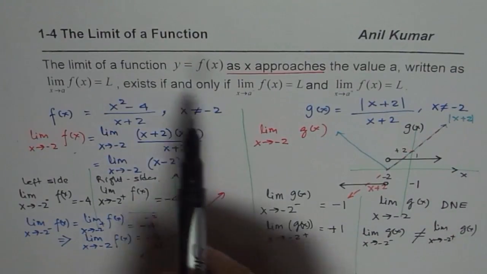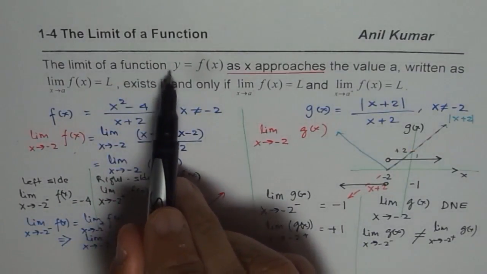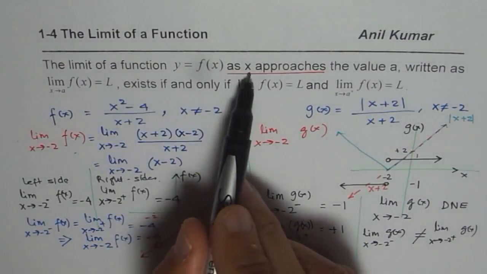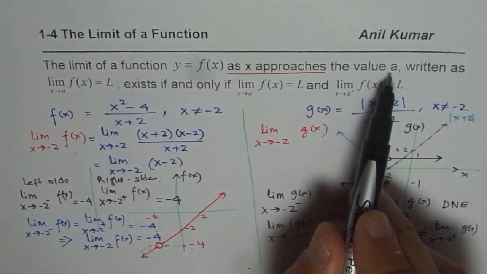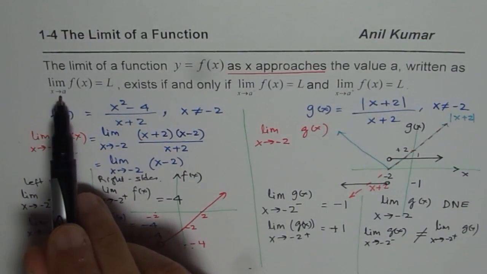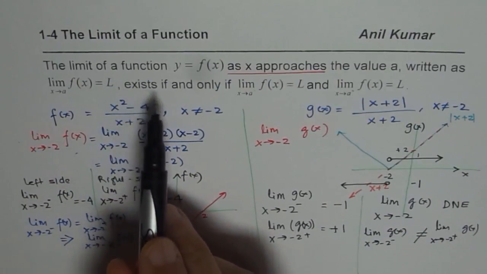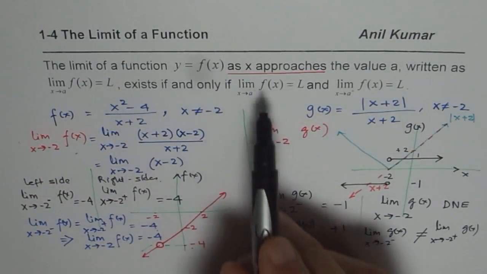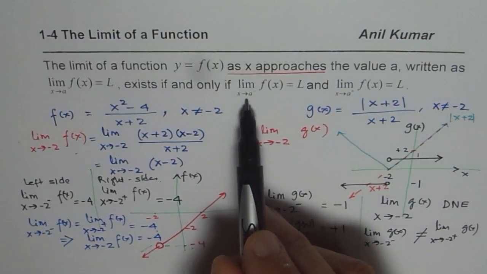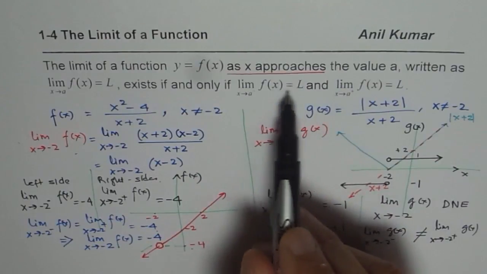So let's get back to our statement now. It says the limit of a function y equals f of x as x approaches the value a, written as the limit of x approaching a for f of x is equal to L, exists if and only if the left side limit, x approaching a from the minus side, and the right side limit, x approaching a from the plus side, both are the same.